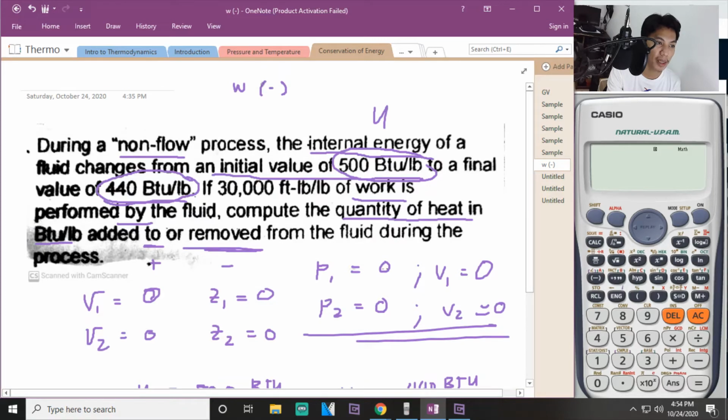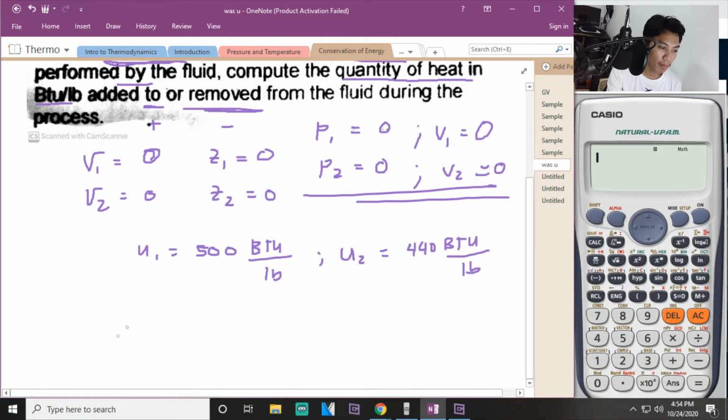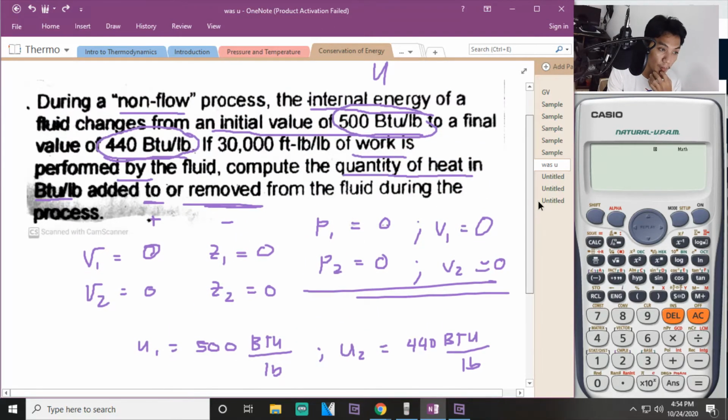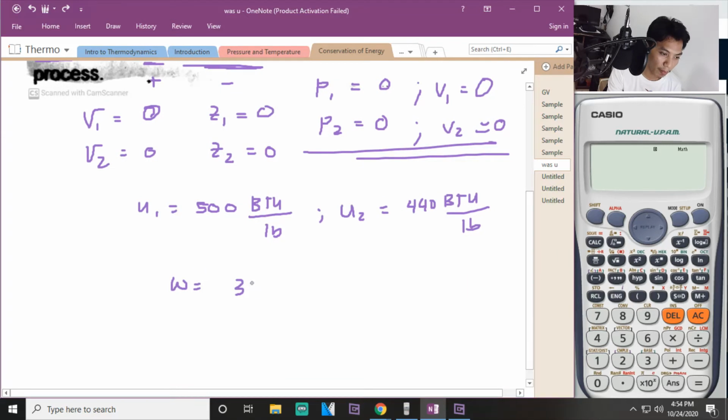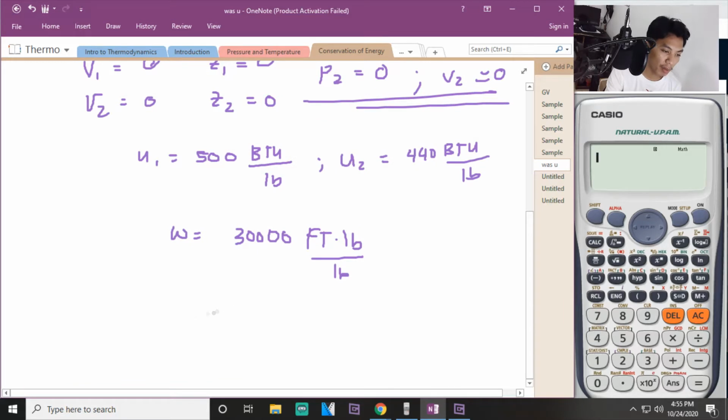So that is positive. Okay? So the work is positive. 30,000 lang pala, 30,000 feet pound per pound of work. Now, ilista muna natin yung energy in, energy out.